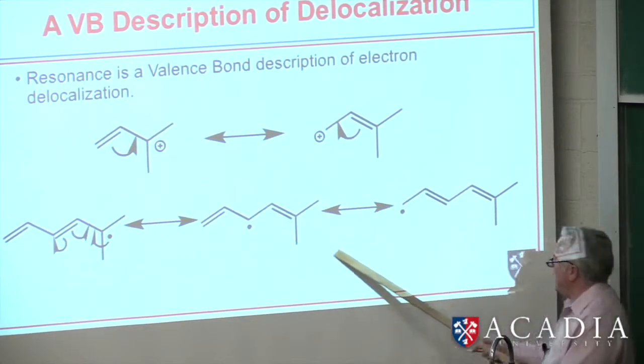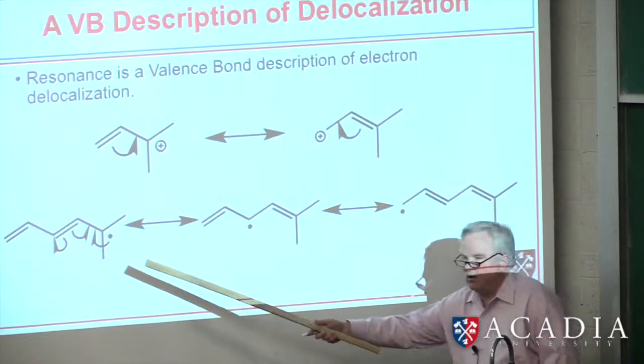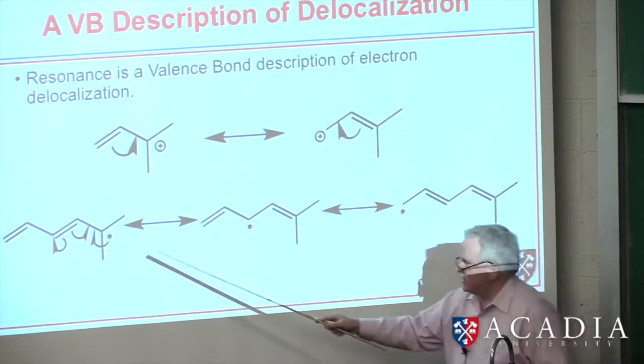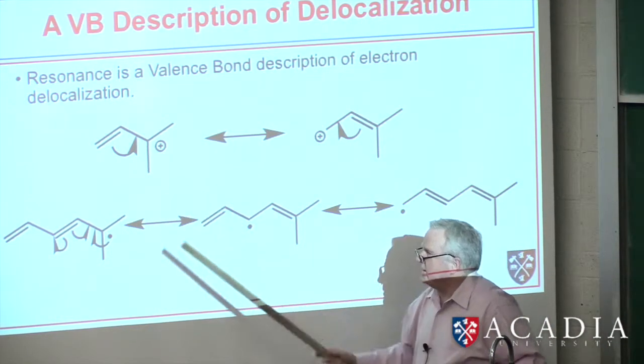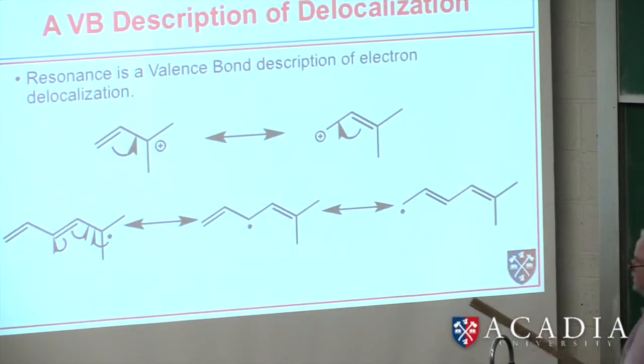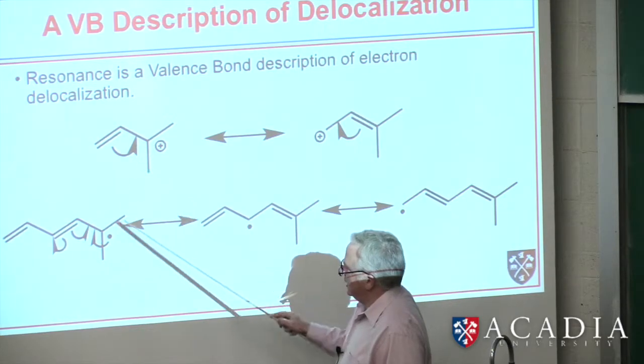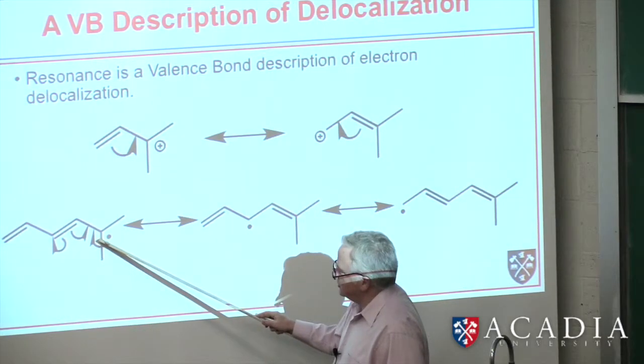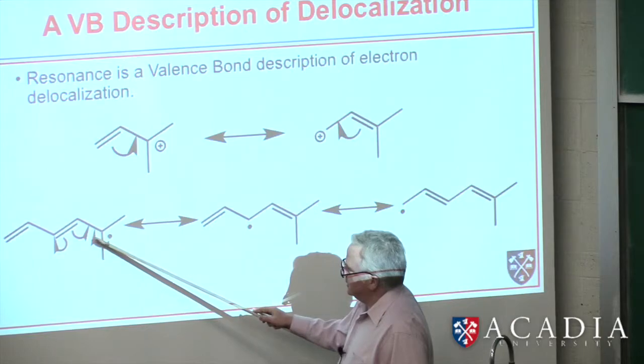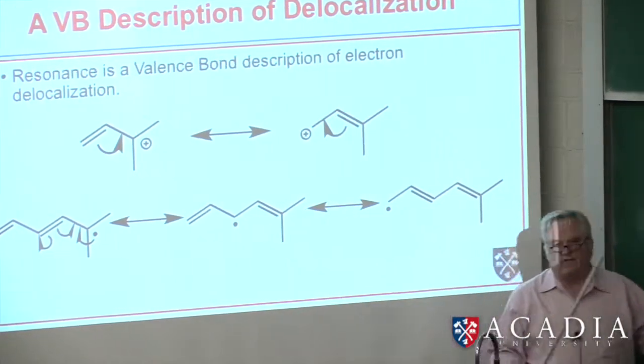Down here, the true structure of this is a blend of these three structures. This is a radical, this is a cation. When we move 2 electrons with our curly arrows, we use a double-sided arrow. When we move 1 electron, we use single-headed arrows. They're fish hooks.